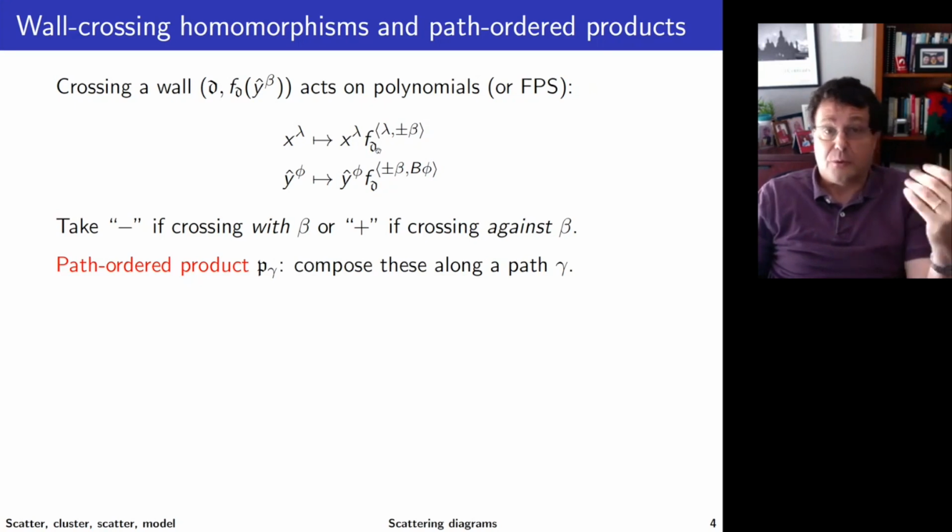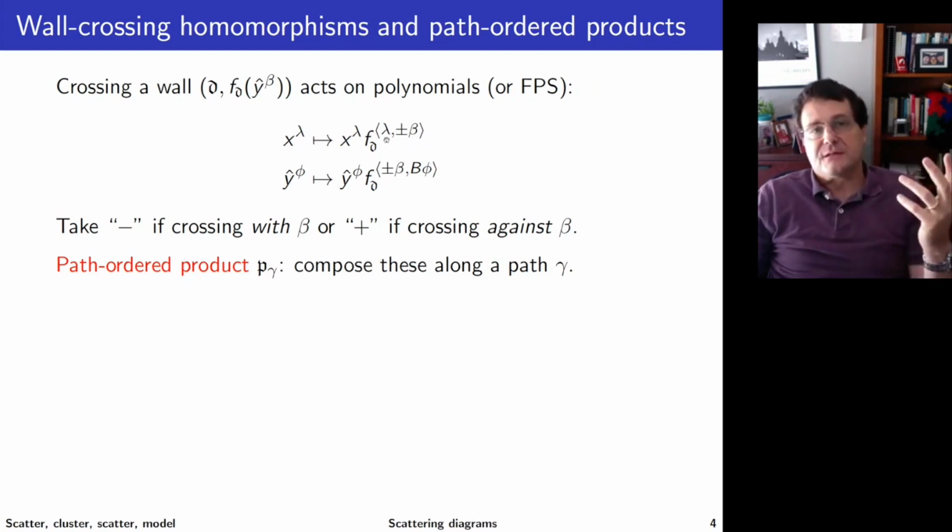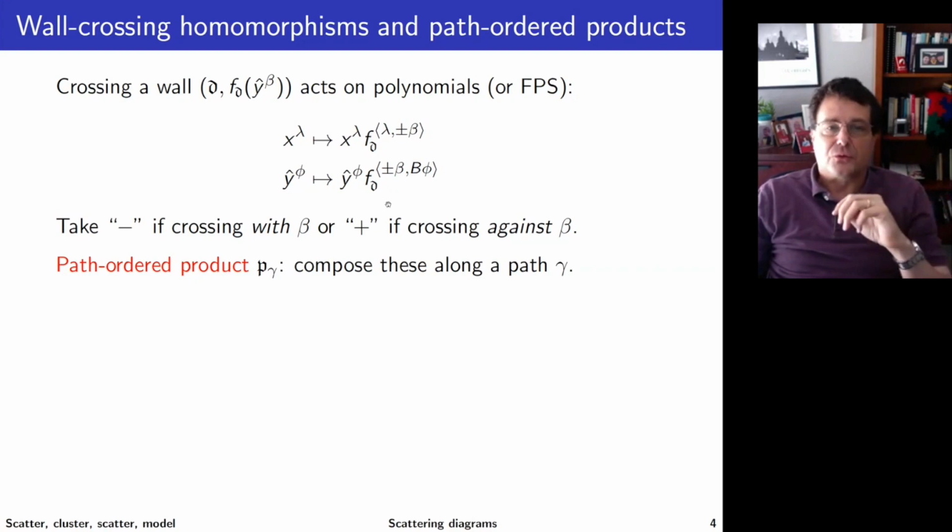So there's a formal power series sitting on that wall, and we multiply the monomial by some power of that formal power series. If you like, the power that we take is just the pairing, since lambda is in the dual space and the normal vector is in the space, the pairing of lambda with the normal vector. And there's a rule for taking plus or minus, which depends on which direction we pass across the wall.